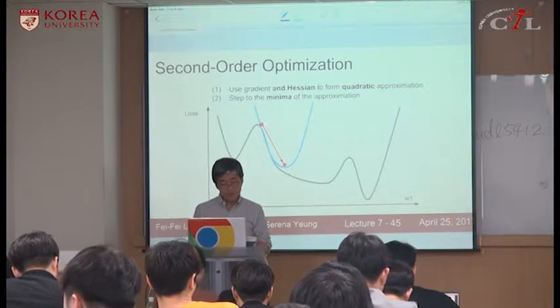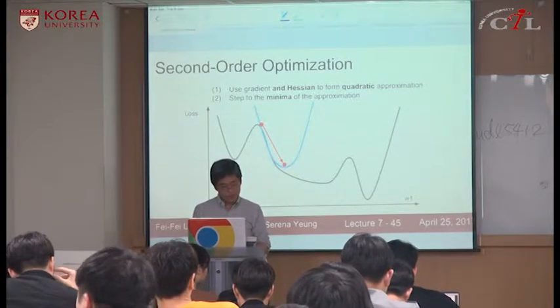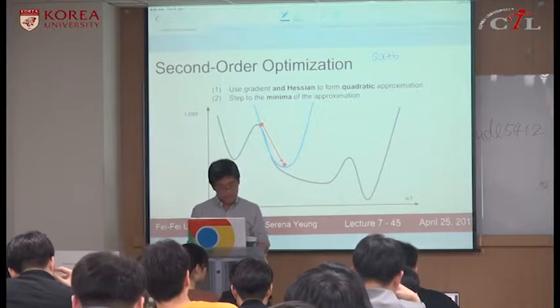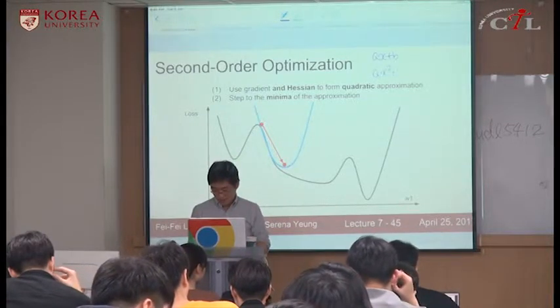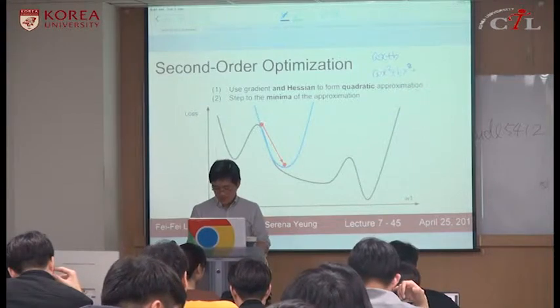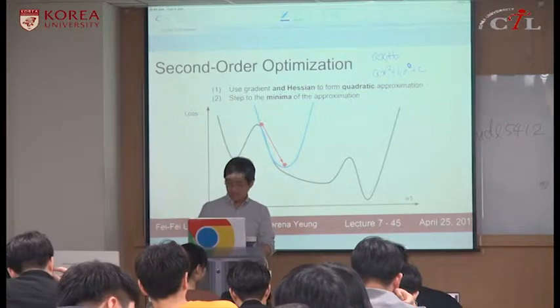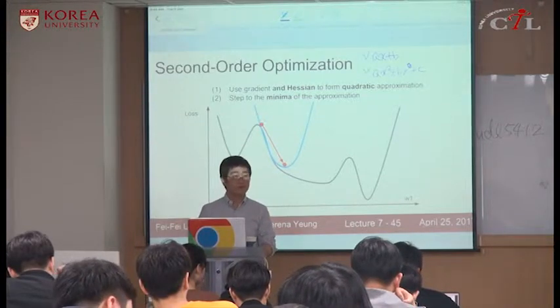Given this complex function, we can approximate it as ax plus b, or as a second order polynomial, and then we can just approximate it in these two forms.